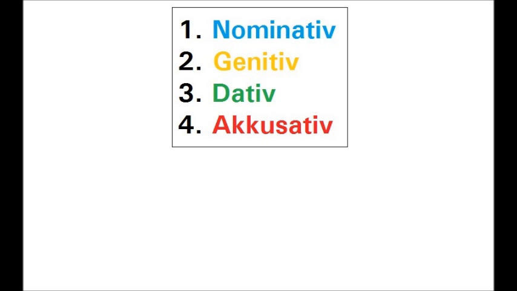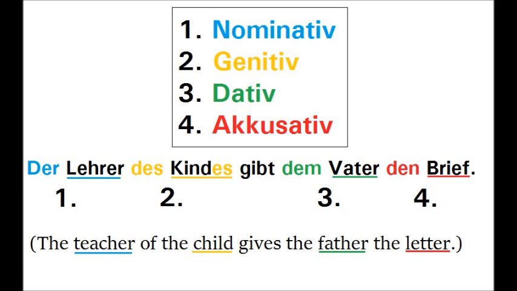I think the reason for that is the order in which they occur in a sentence. If you take a look at this example, der Lehrer des Kindes gibt dem Vater den Brief. The teacher of the child gives the father the letter. So I've marked the cases by color and wrote the number under it.